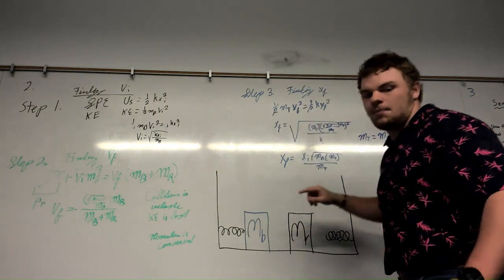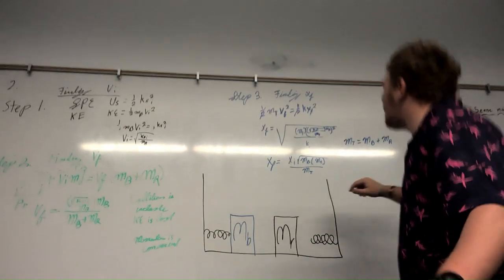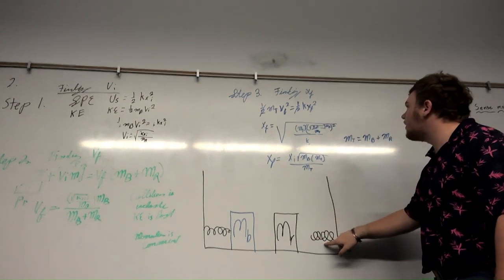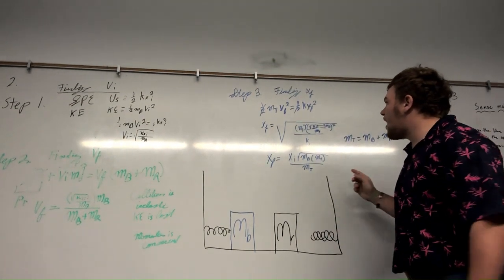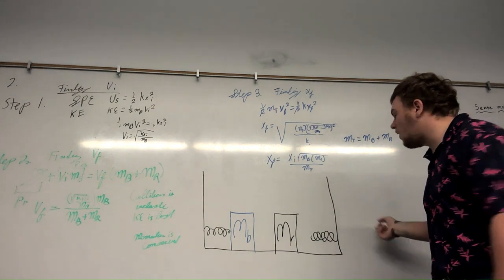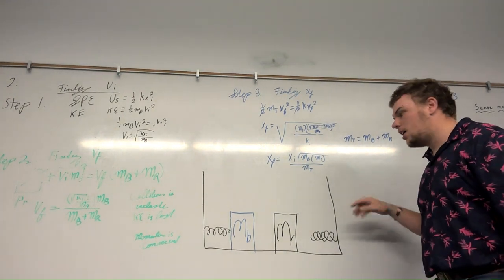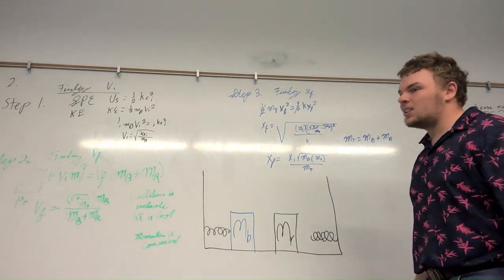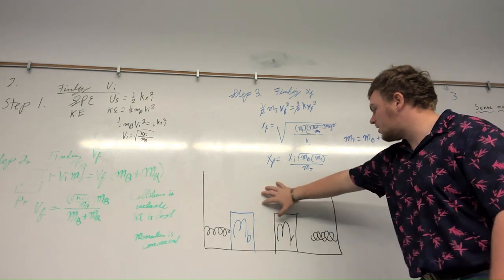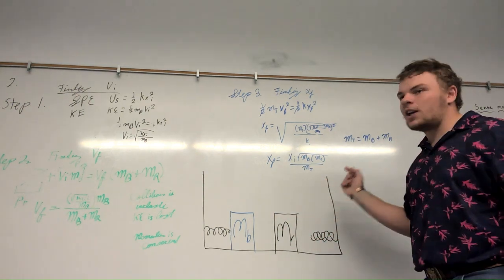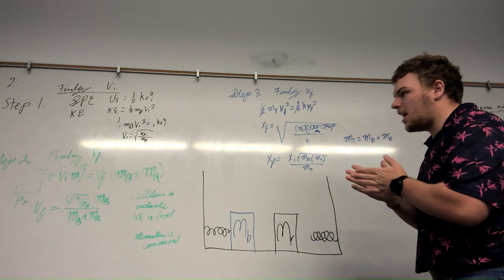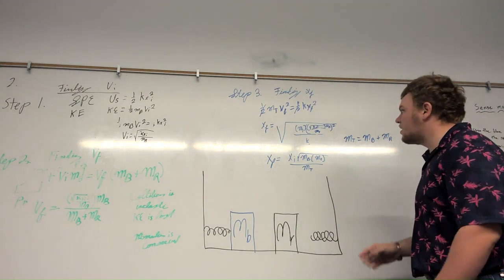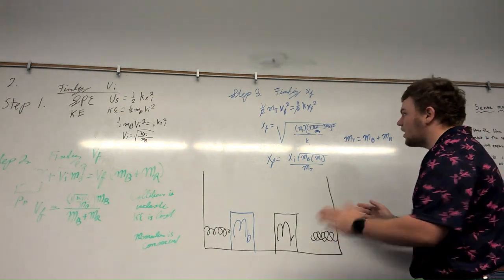Then finally, for step three, this is where we find the final compression of the rightmost spring. For that, we're going to assume this is also a conservation of energy collision. That means the kinetic energy of the system when it hits the spring is all going to go into potential energy, which is when the spring is compressed.